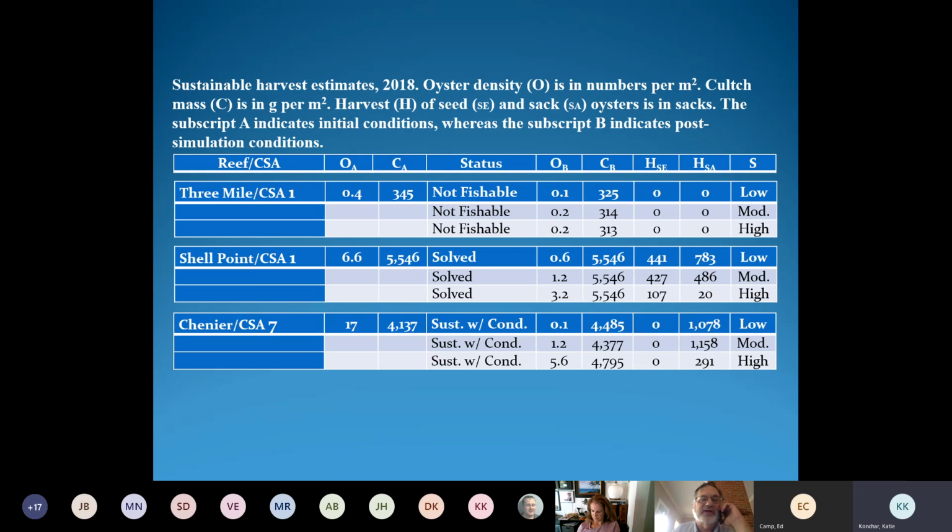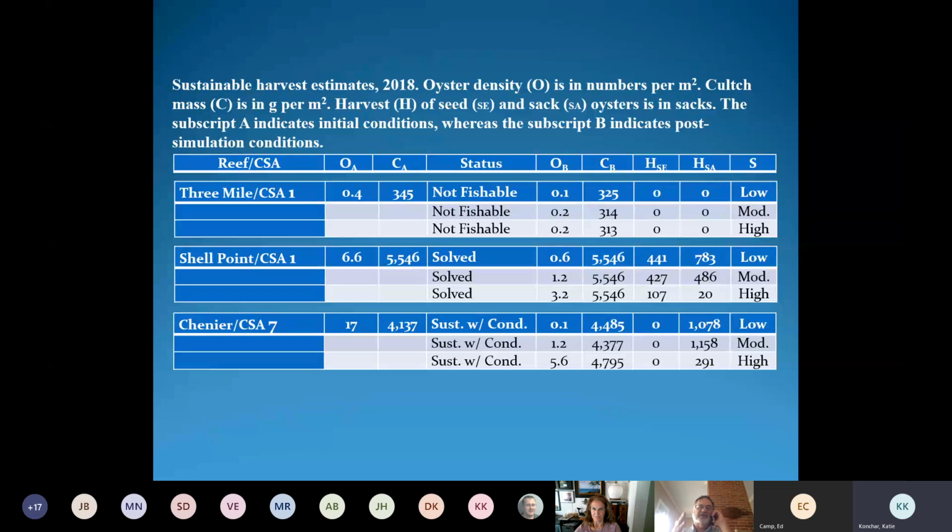So if you look at this case, C sub A is about 4,100 grams per meter, and C sub B is about 4,500 grams per meter.